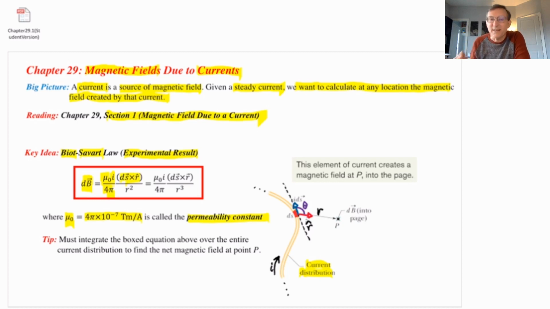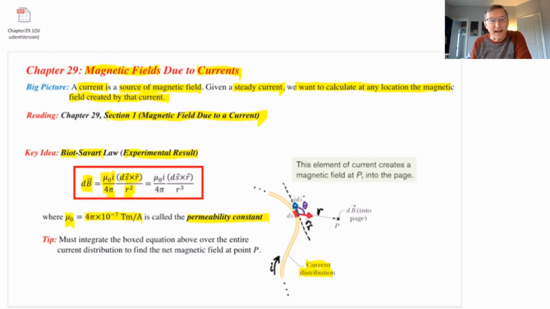And that's the order. ds first, cross r hat second, then divided by the distance r squared. So yes, it is an inverse square law, just like the electric field law. Okay? But the numerator looks a bit different. It's got a mu0 constant upstairs, it's got the current I upstairs, and then it's got that cross product, ds cross r hat.